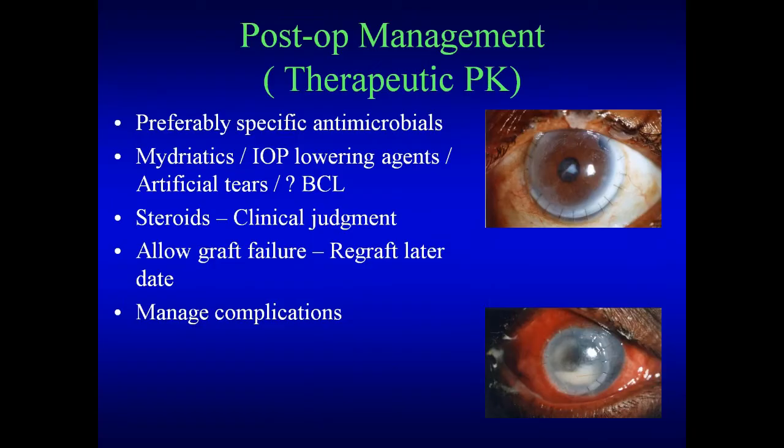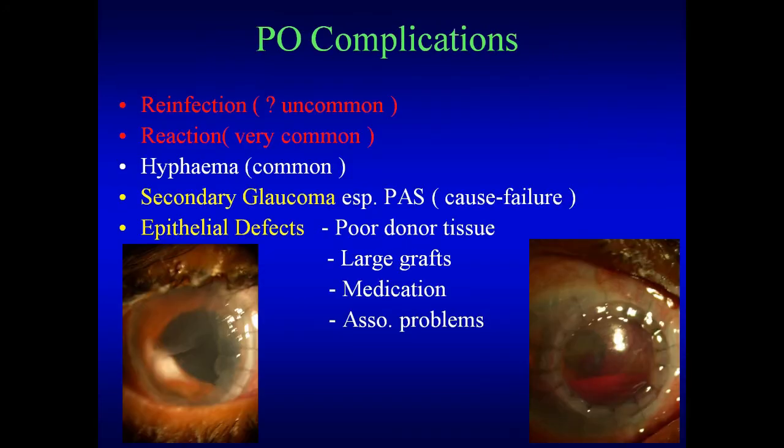And post-operatively, try and use specific antimicrobials, take a clinical judgment on steroids, manage complications appropriately, and try to avoid reinfection. Reinfection is pretty uncommon actually, not what the literature says. Secondary glaucoma can be quite common. Other problems like epithelial defects are common. Handle them as and when they occur.